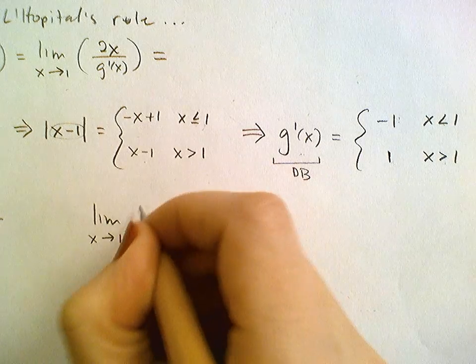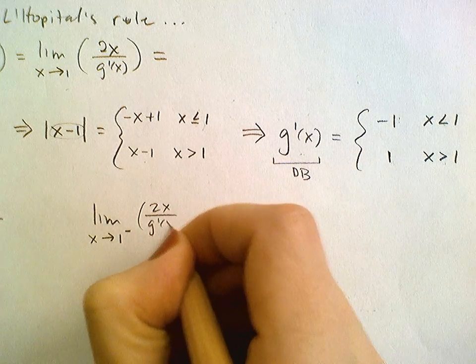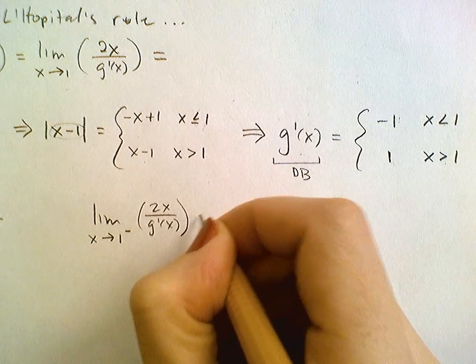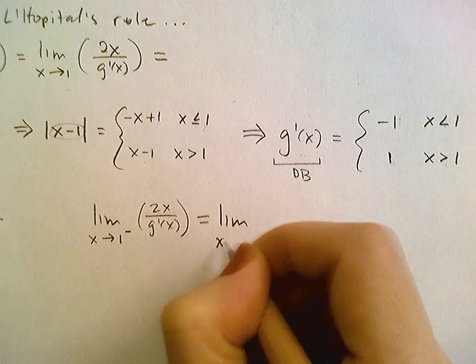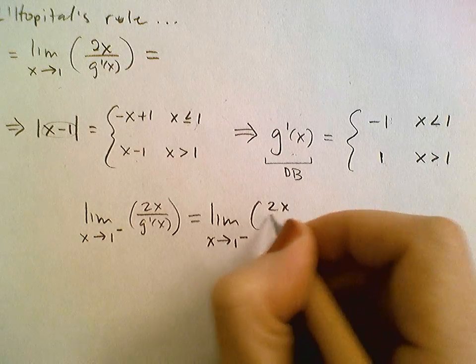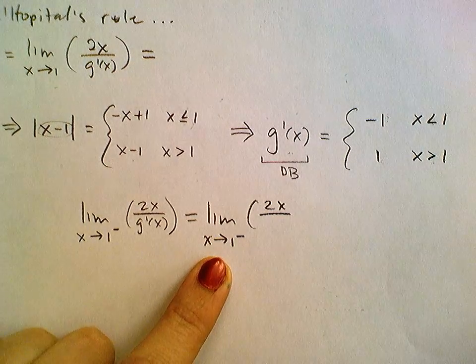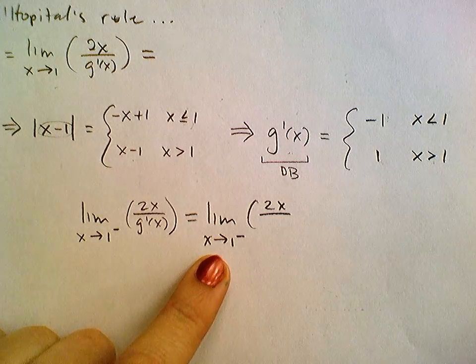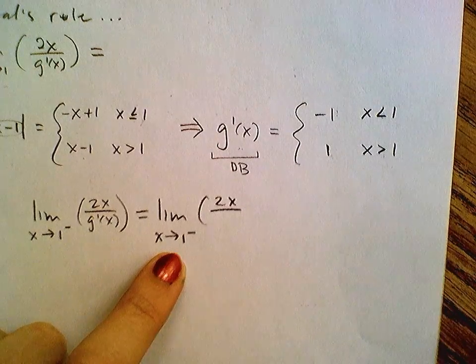from the left of 2x over g prime of x is equal to the limit as x approaches 1 from the left of 2x over, if you're approaching 1 from the left, numbers like 0.9, 0.99, 0.999, 0.9999.